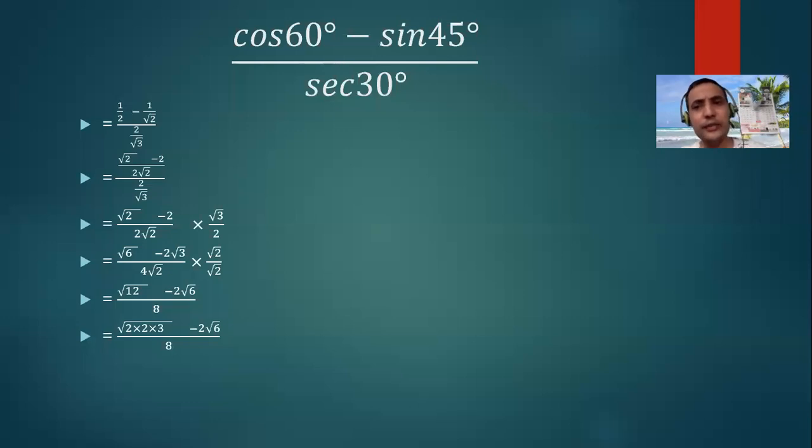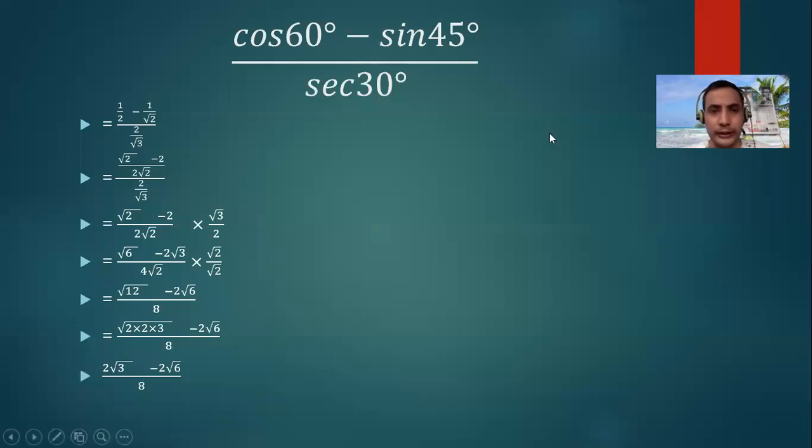Our thought is that if any number is repeated 2 times inside the radical sign, then one time that number can be taken outside. If that number is not able to come outside, then no need to factorize. In 12, we have seen that 2 is repeated 2 times, so 2 is ready to come outside. So students, 2 into 3 inside the root sign, so 2 root 3 we have written.